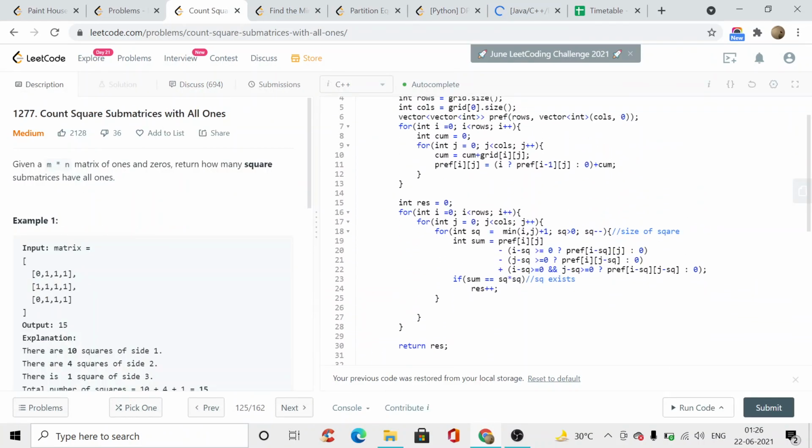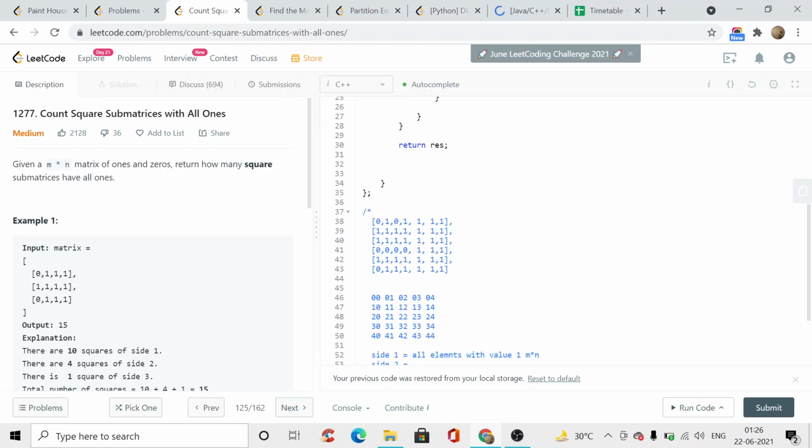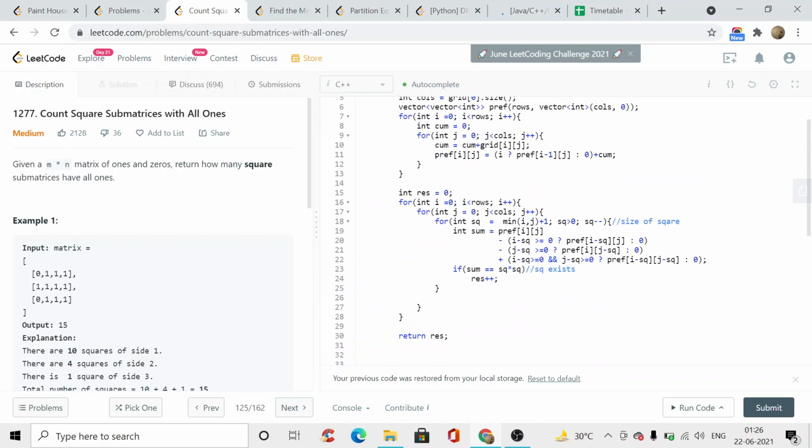In this problem, we can also try: if I am at some position and the grid value is 0, then we know that it is not going to form a square at any point with this as the bottom right corner.